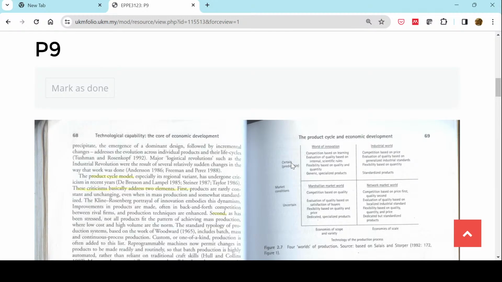The last one, which is economies of scale and uncertain the market condition. And we're going to focus in this class on this network market world. Competition based on price first, quality second. Evaluation of quality based on localized industrial standards. Flexibility based on quality, quantity, and price, dedicated but standardized products.